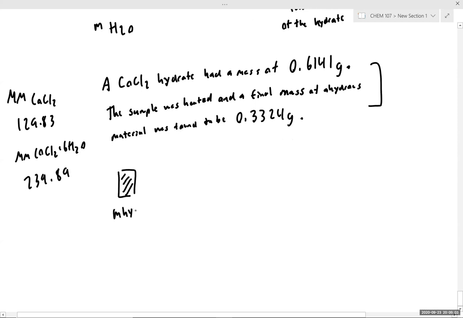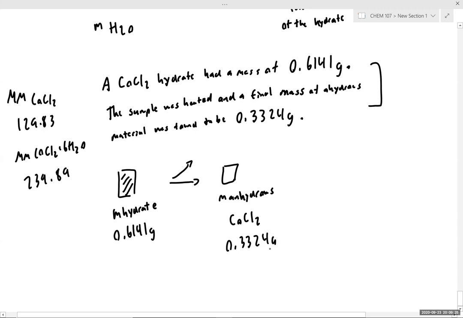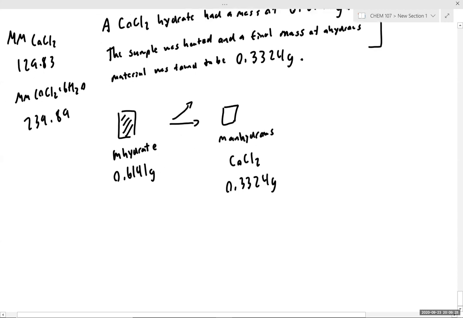So we know that the initial mass of our hydrate was 0.6141 grams. We heated our sample and the mass of our anhydrous material, which has the formula cobalt chloride, was found to be 0.3324 grams.